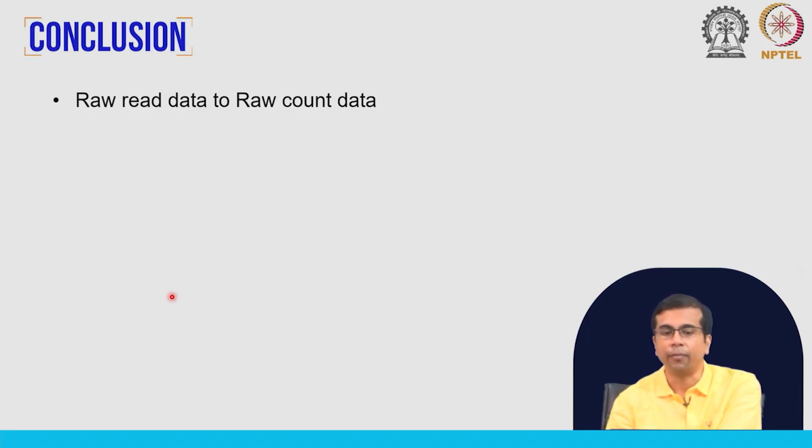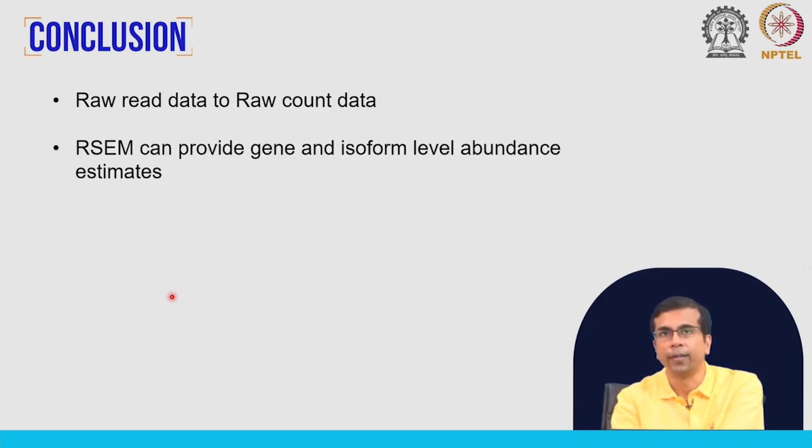Some of the tools can deal with this. For example, RSEM, which we have discussed, can provide gene and isoform level abundance estimates. It utilizes something called the expectation maximization algorithm. Again, without going into a lot of details, it fits a model and tries to generate a maximum likelihood estimate from the data. There are other tools that do very similar work. For example, we have something called IsoEM that also can give you isoform level abundance estimates.